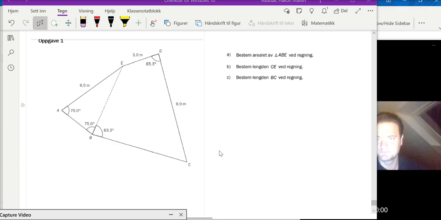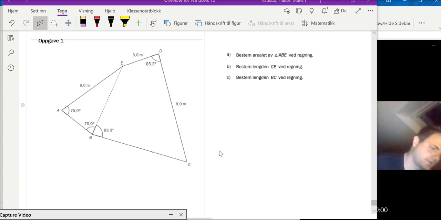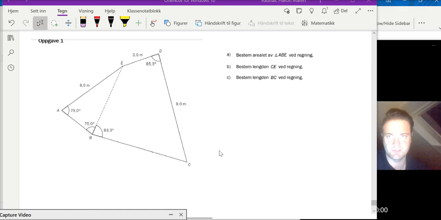We have a figure here, and the first thing we should do is find the area of triangle ABE, which is this one over here.